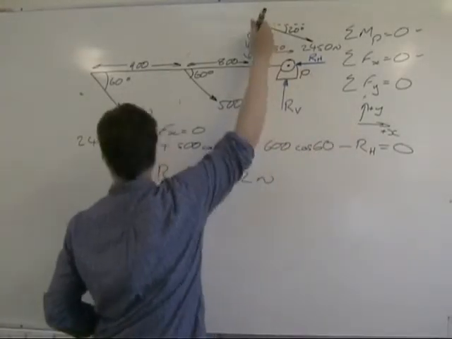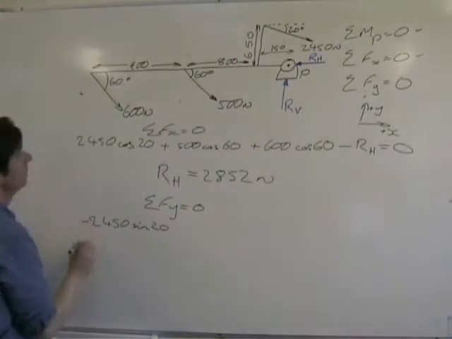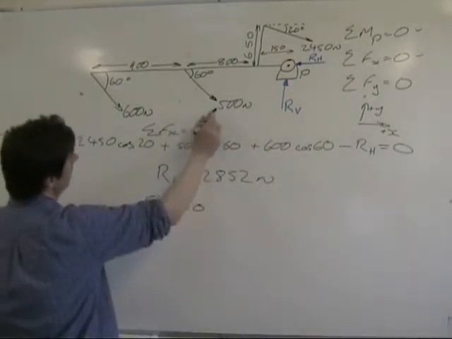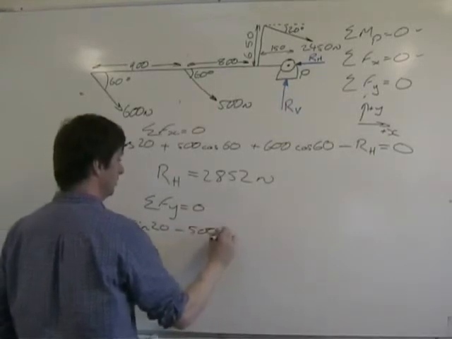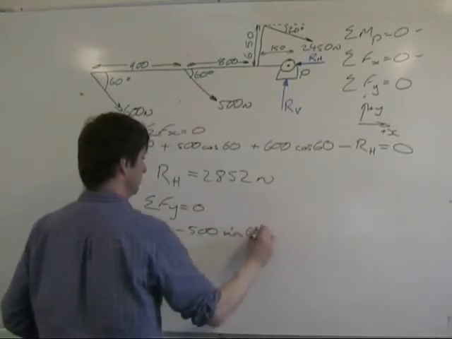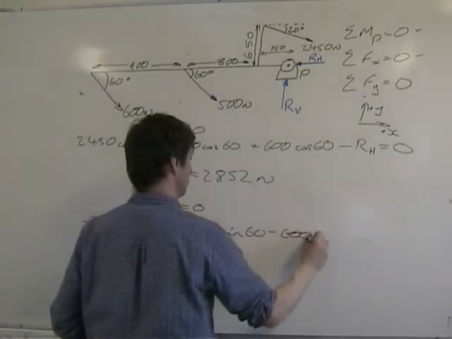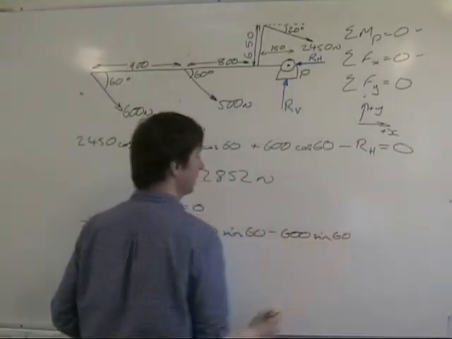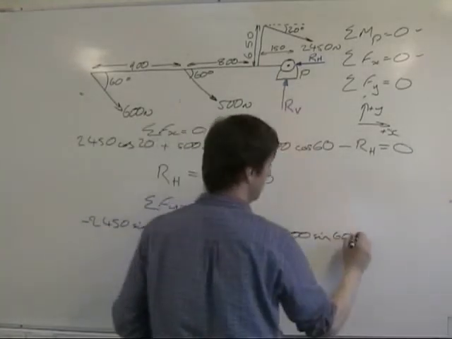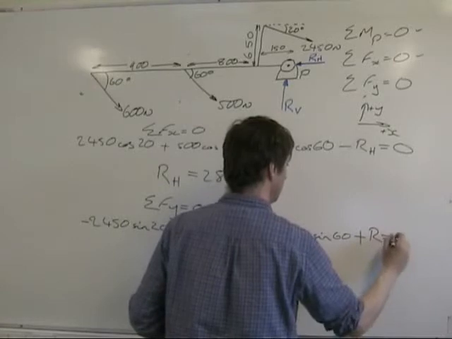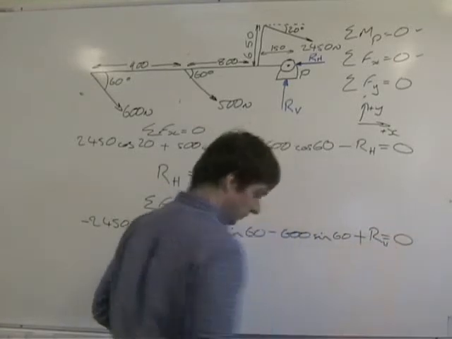The y component here is acting down the way, so that's negative. 500 sin 60, again acting down the way, so it's negative. And 600 sin 60, again acting down the way, again negative. RV, however, is acting up the way, so it's positive, and that equals 0.